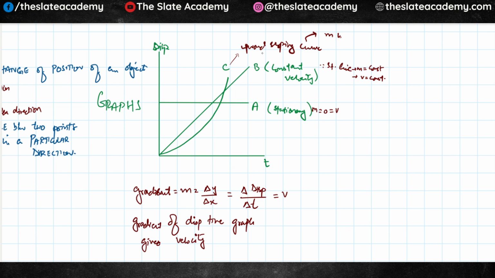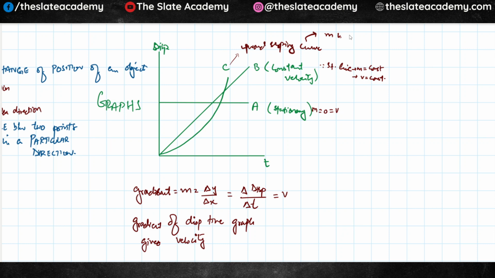Upward sloping curve, so m is increasing. Since m is velocity, this would mean that velocity is increasing, and we have a name for this phenomenon: the object is accelerating.